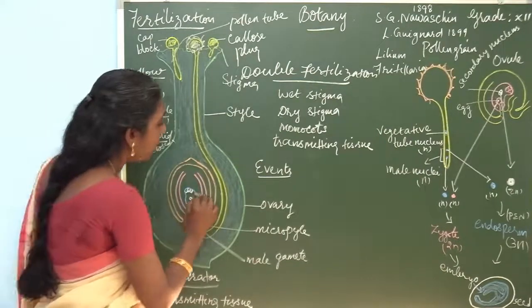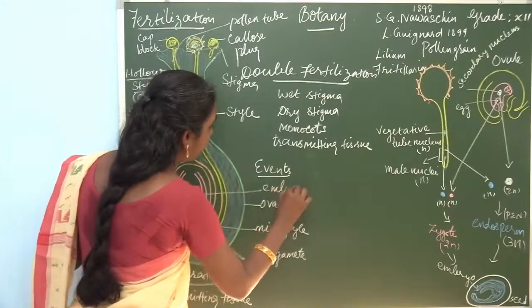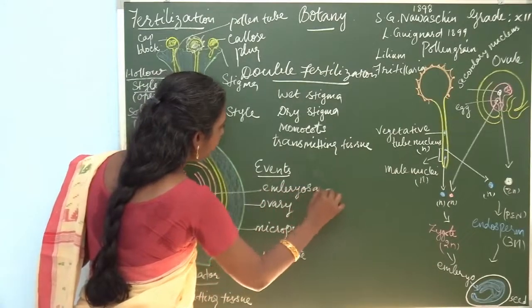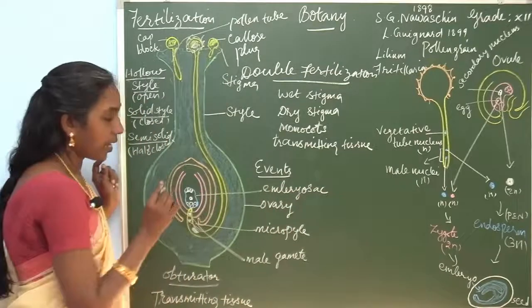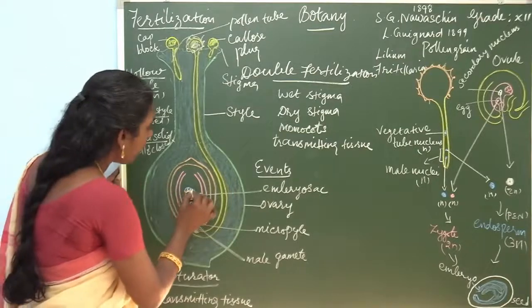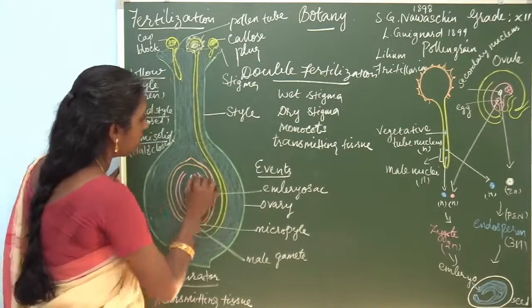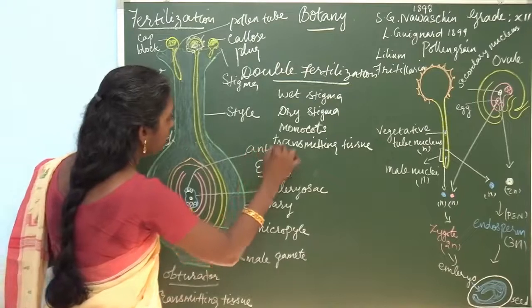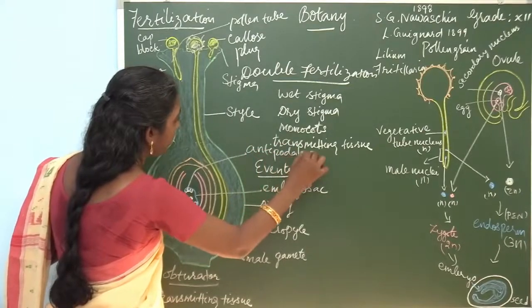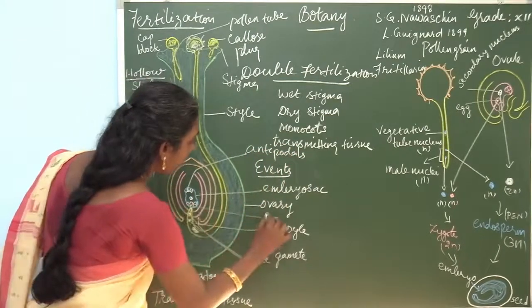This is the region of the embryo sac, which consists of 3 antipodals and 3 synergids. These are the antipodals and these 3 are the synergids.